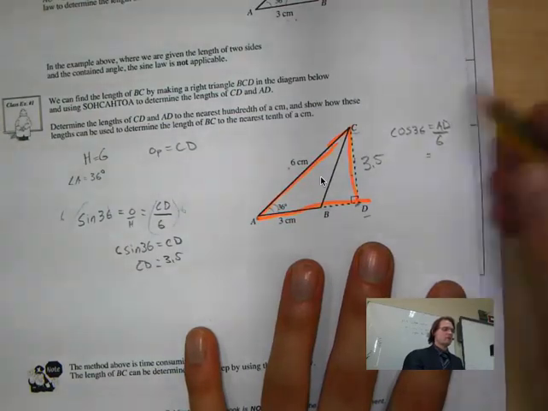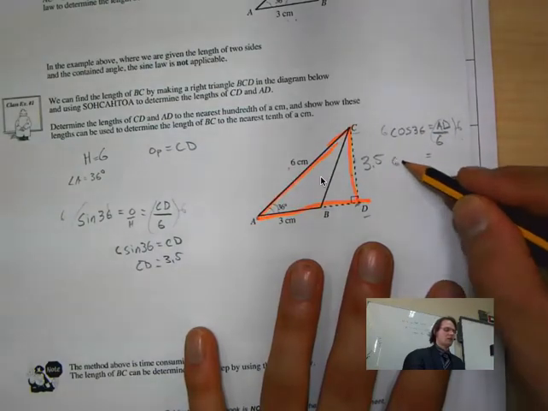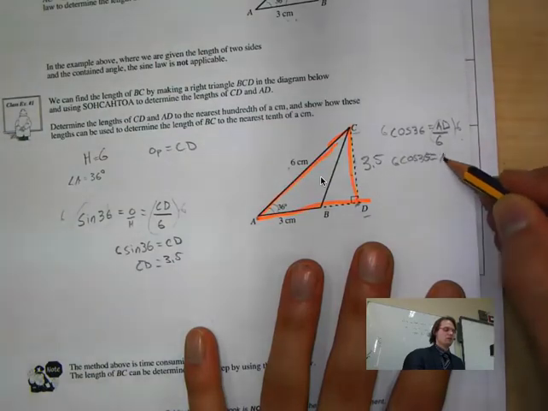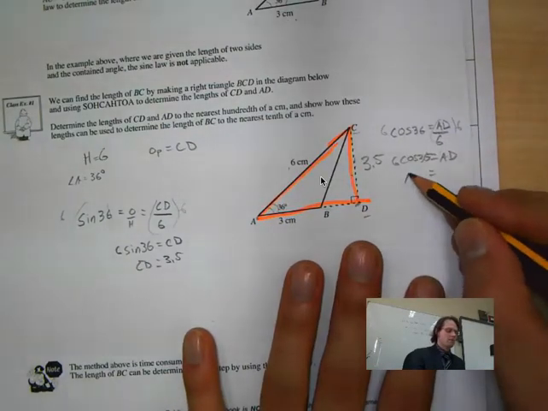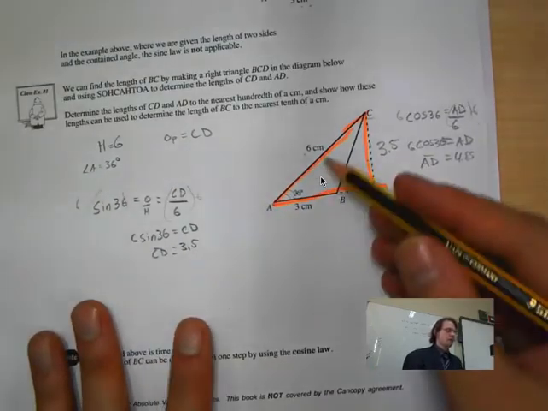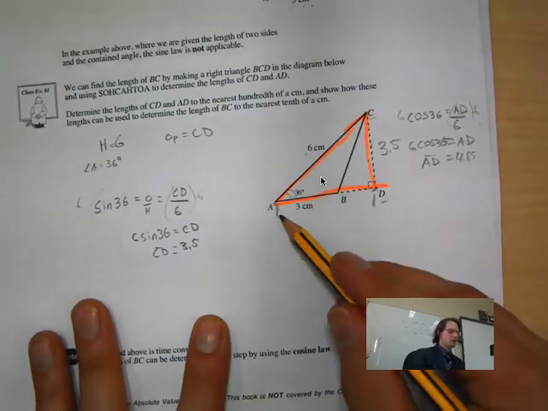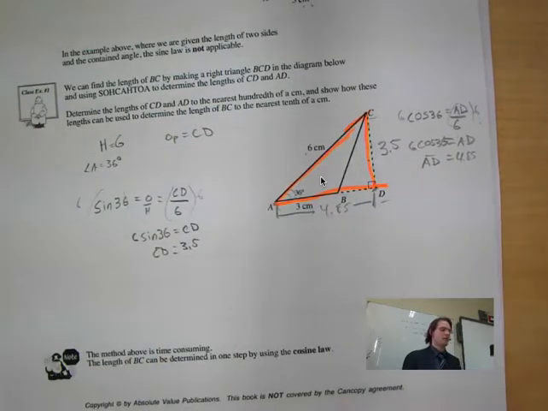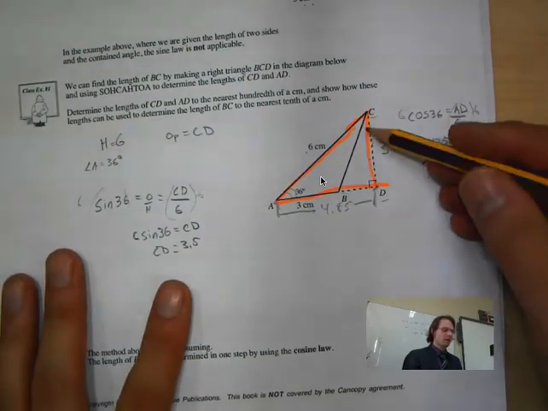In other words, multiply both sides by 6. I get 6 cosine of 36 is equal to line AD. And that's going to end up getting me 4.85. So now I know from here to here is 4.85, or 4.9.